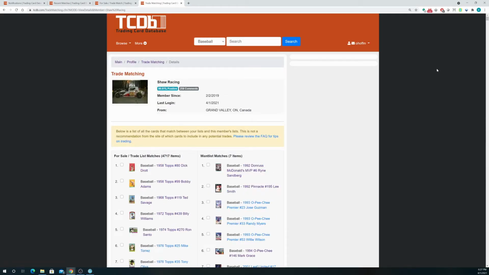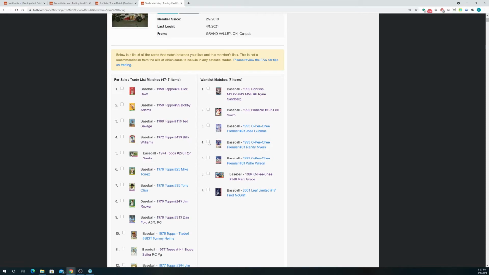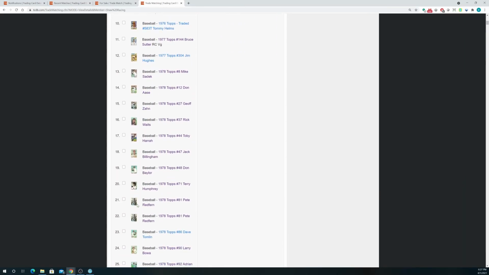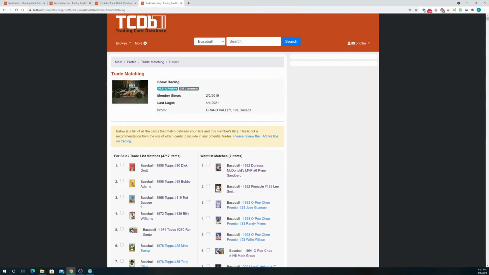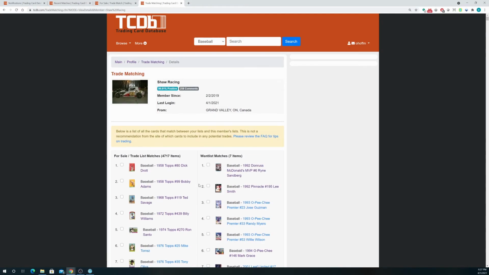So when I was going not for my want list but for someone else's want list, now I can decide is this person a good match, and go, yeah, I think I'd want these 7 cards, and I could probably find cards of equal value that I can give up in order to make this trade successful.